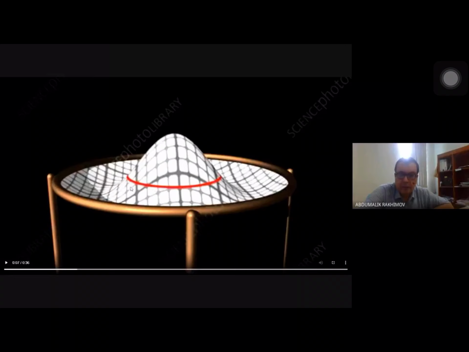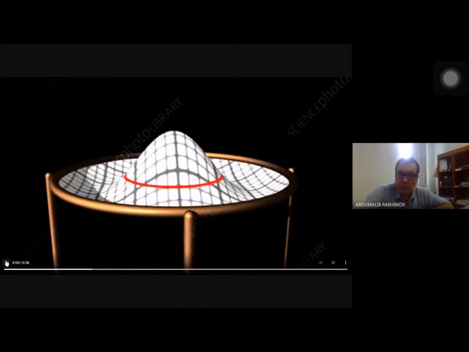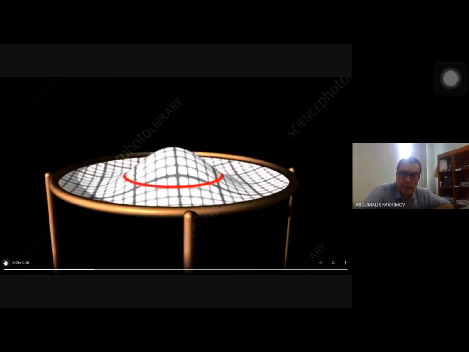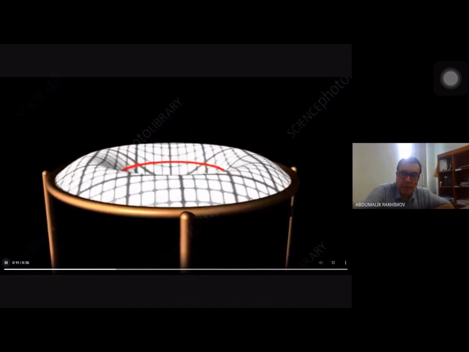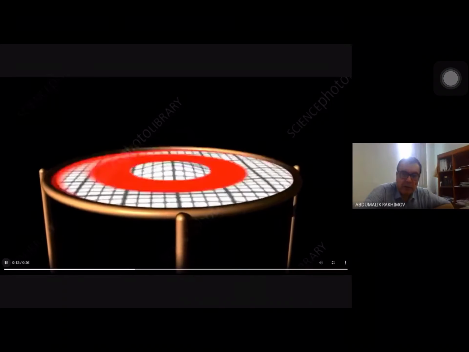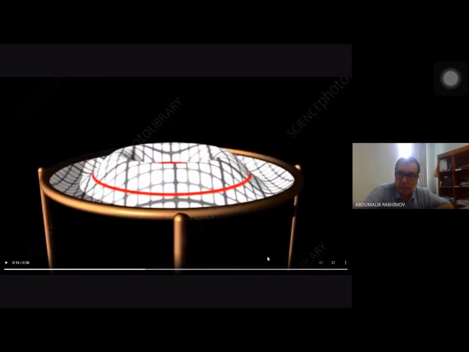So if radius is this one, then displacement of all points at the same radius is the same, whatever the angle. This type of vibration, we will call radial vibrations.